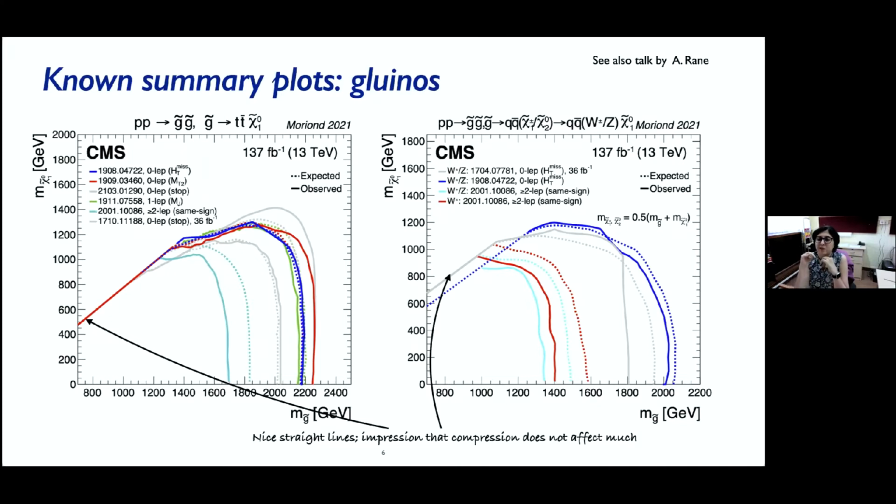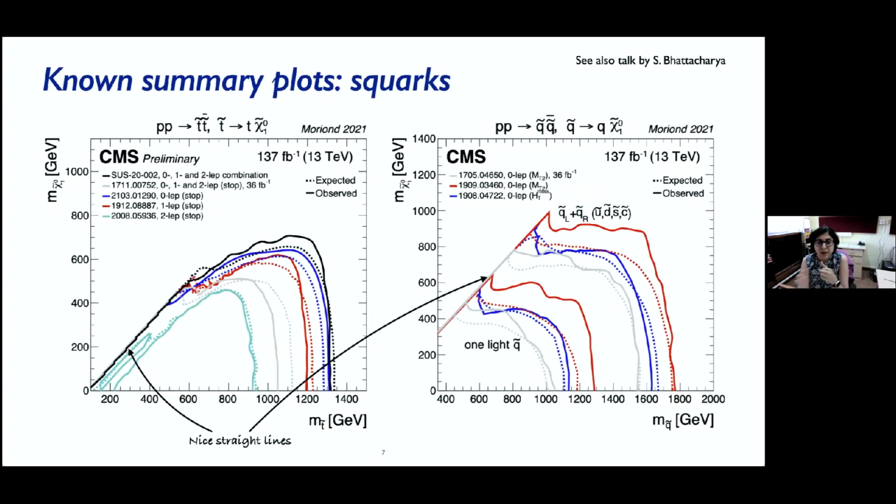So basically, as long as the decay is allowed kinematically at all, you're ruling out that particular point, which simply tells you that the cross-section is so large with ISR that ISR gives you enough missing energy or whatever it is you need to pass the triggers and to have sensitivity in these searches. Okay. So these nice straight lines mean something.